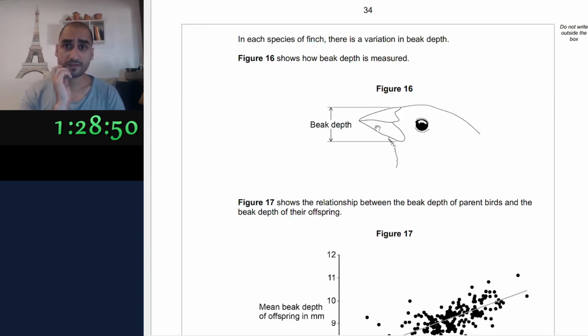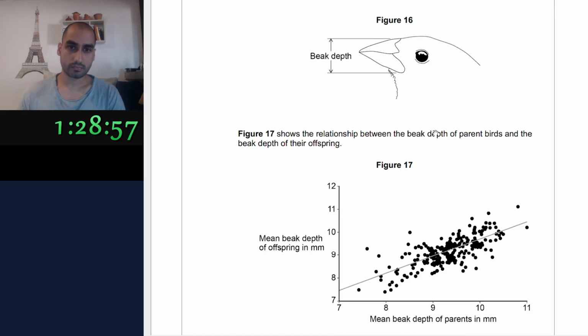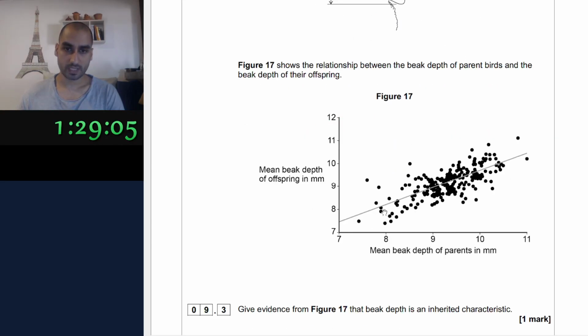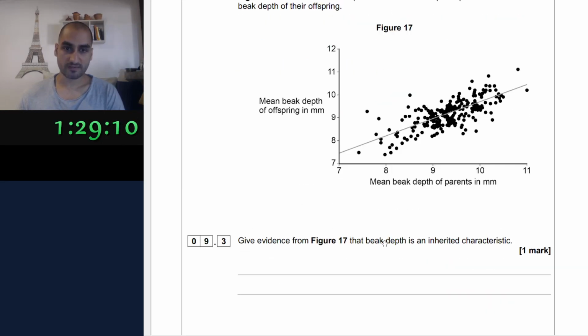In each species of finch, there was a variation in beak depth. The graph shows the relationship between the beak depth of parent birds and the beak depth of their offspring. So it's kind of linear. Give evidence from figure 17 that beak depth is an inherited characteristic.